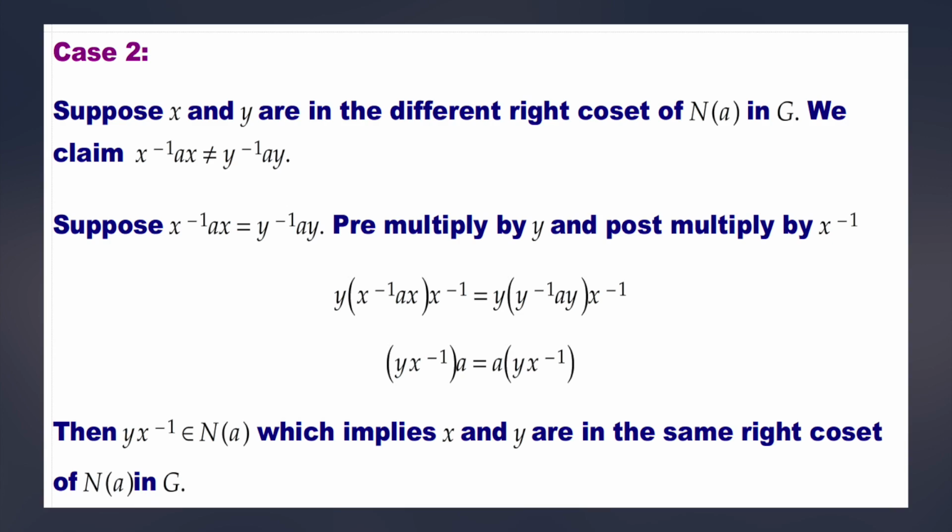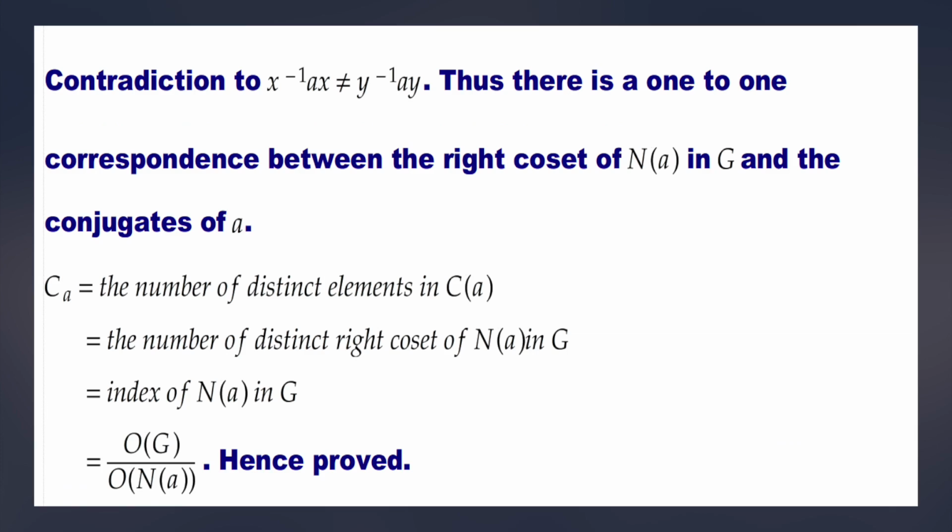We get y x inverse a x x inverse = y y inverse a y x inverse, so y x inverse a = a y x inverse. Then y x inverse is in the normalizer of A, which implies x and y are in the same right coset of the normalizer of A in G.